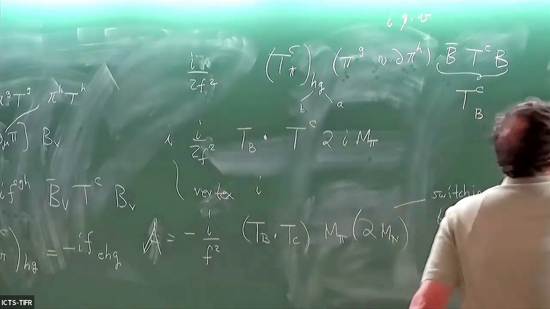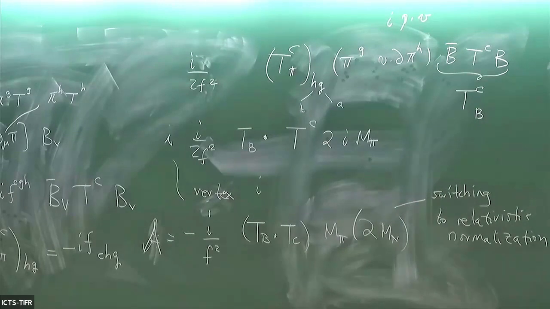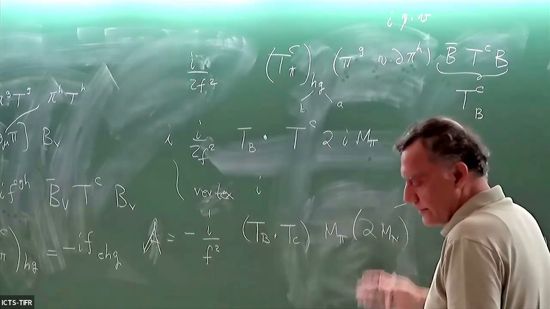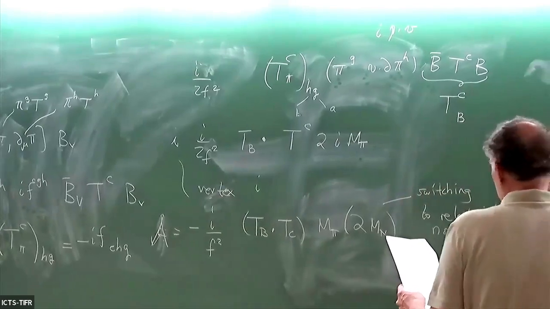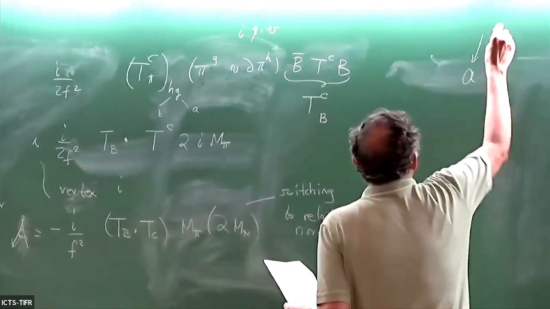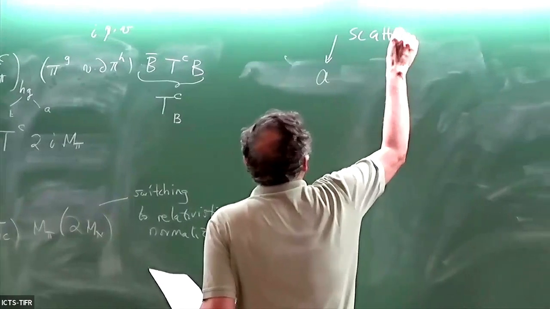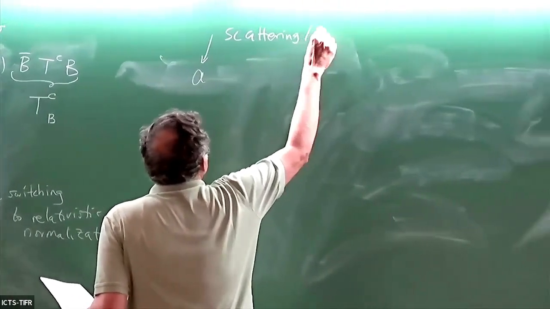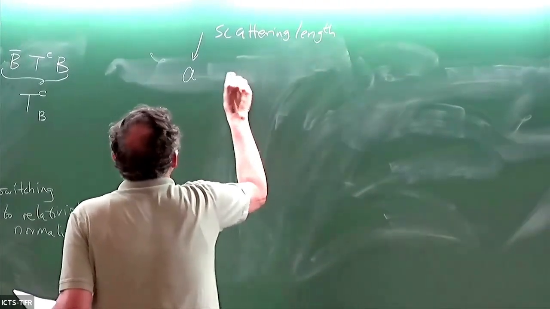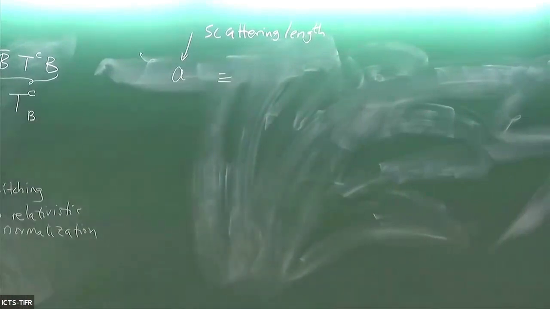Okay. Now, in the case of pions, we derive the scattering lengths, and so we're going to do the same thing here. Historically, people could have talked about the amplitude. They instead talk about the scattering length. So the scattering length, that's what I mean by the dot product here. It means there was a sum in, oh, this should not be C, this should be pi. It should be the pi.